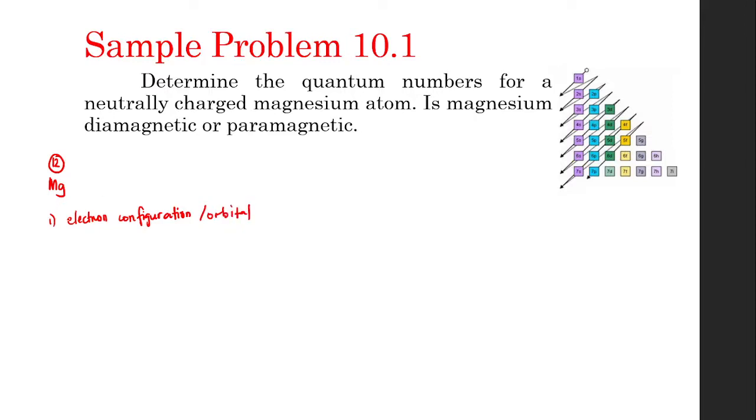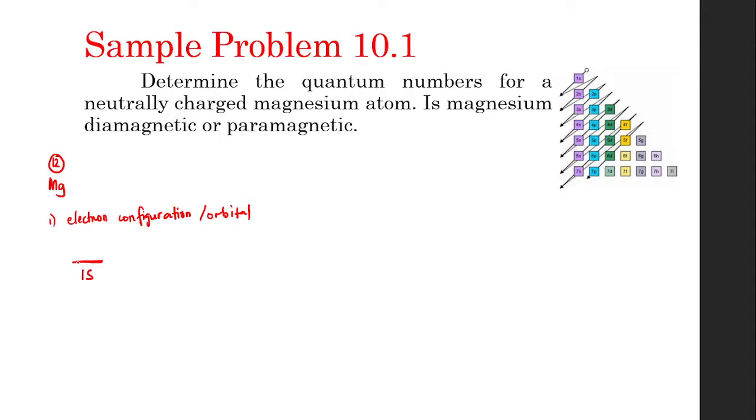Okay, so magnesium. The first one that we have to do is 1s. At 1s, how many orbitals do we have? This line here represents your orbital. We know that 1s has one orbital, and each orbital can have 2 electrons.